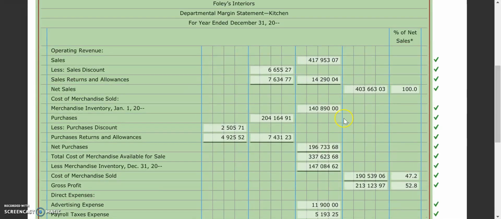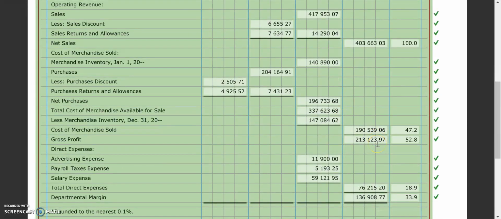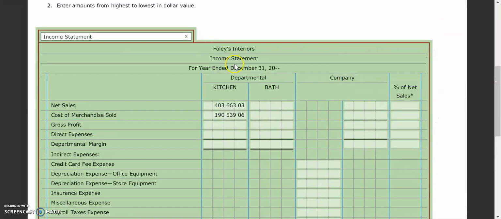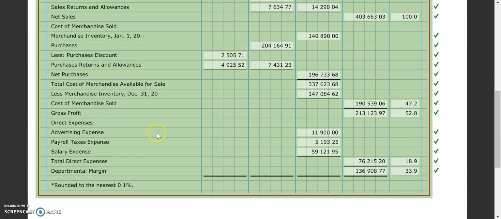Now you can either go back over here and get your gross profit amount, or you can do the calculation. Either one is fine, but that's going to be $213,123.97. Our total direct expense amount here is $76,215.20.